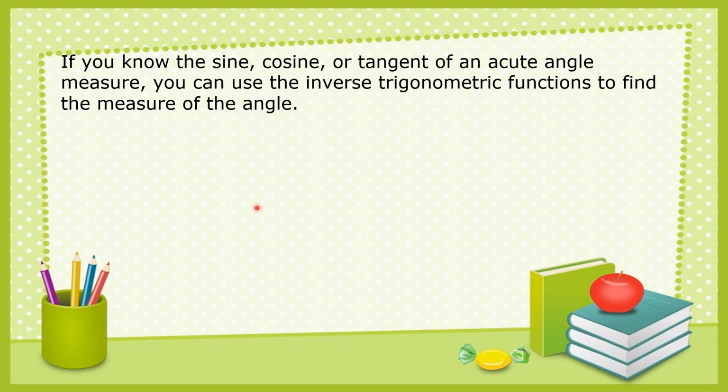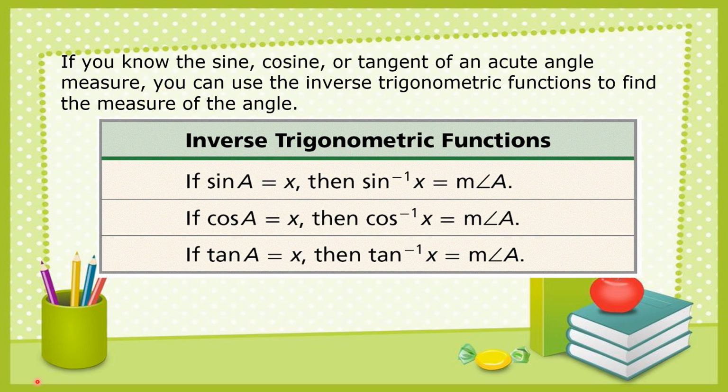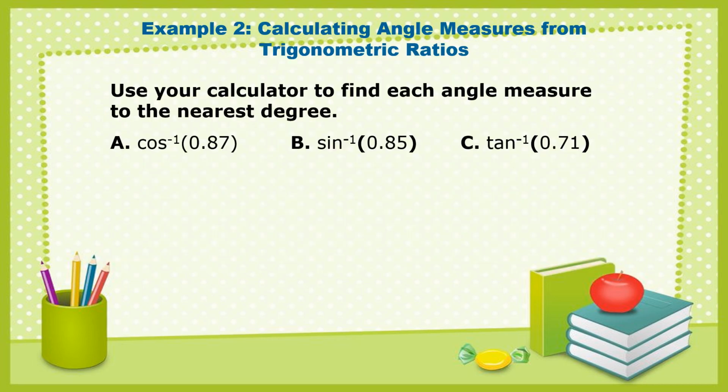If you know the sine, cosine, or tangent of an acute angle measure, you can use the inverse trigonometric function to find the measure of the given angle. Here, if sine A is equal to x, then the inverse sine of x is equal to the measurement of the given angle. Same with the cosine and also with the tangent.